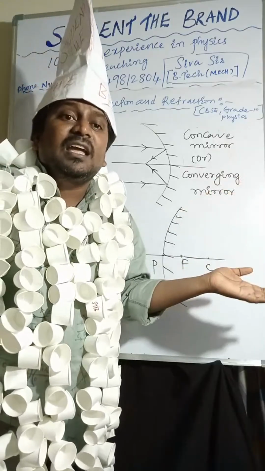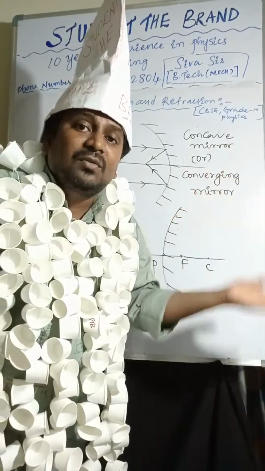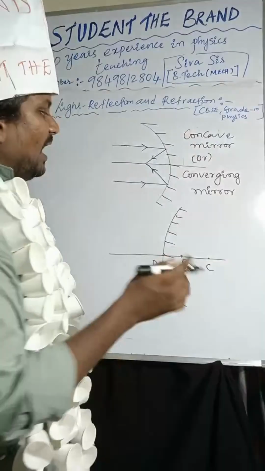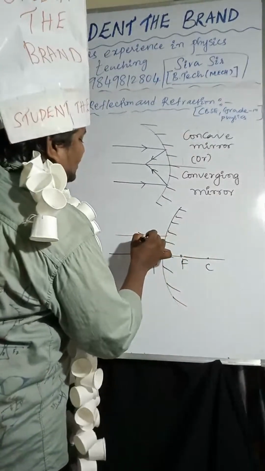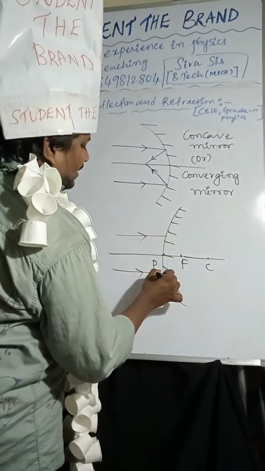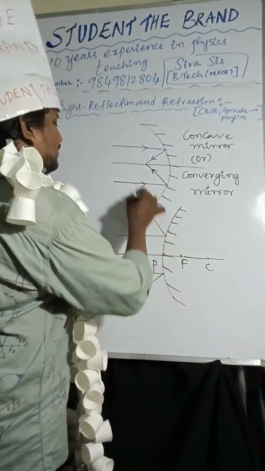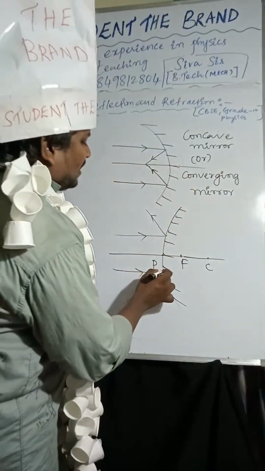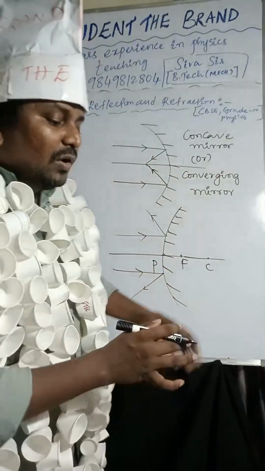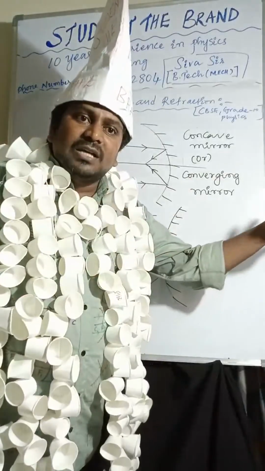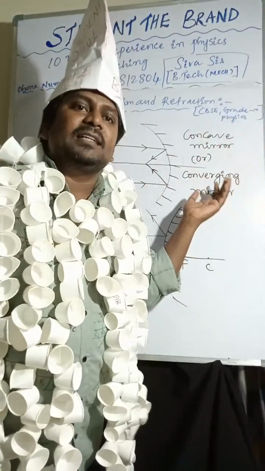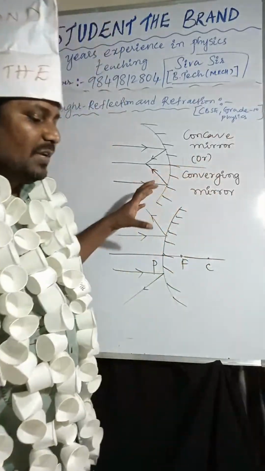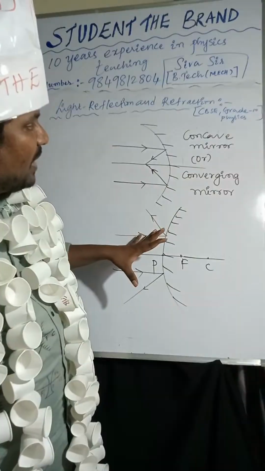Because whenever light rays are incident on it, after reflection they move away from the principal axis.